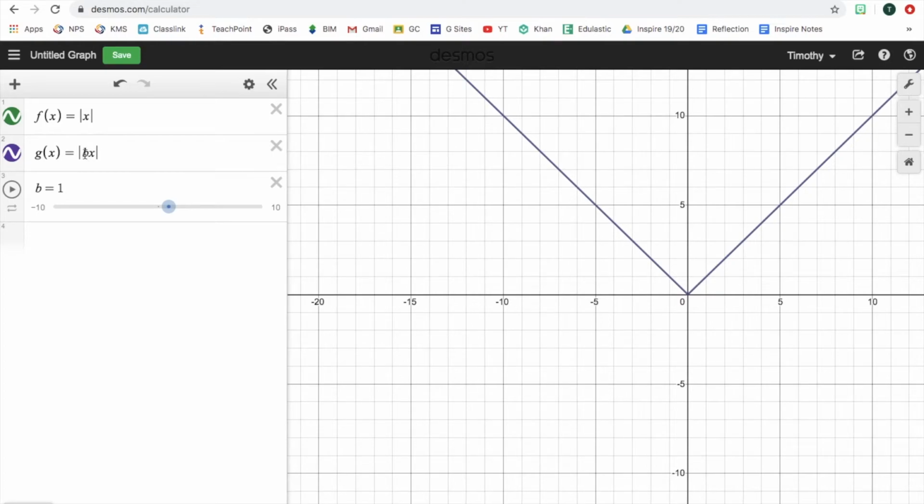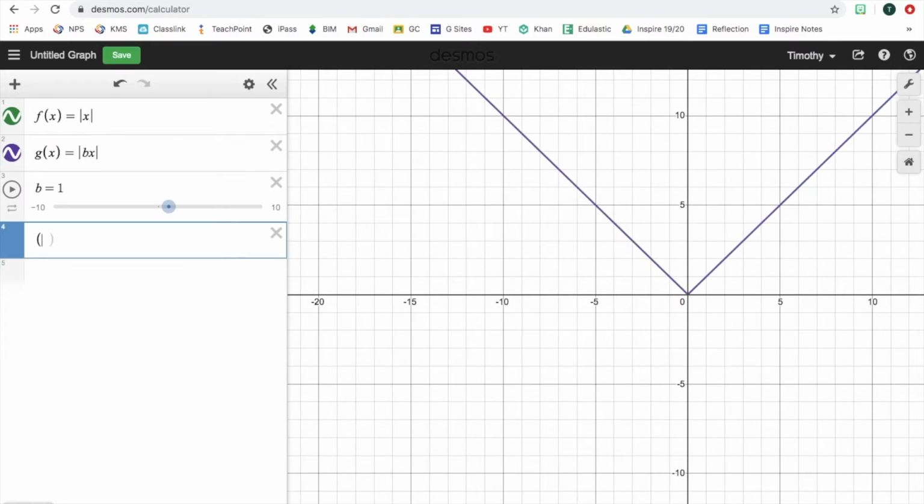So right here, this is a horizontal change because it's on the inside and it's being multiplied. Like I said, our reference point is the y-axis, because that's where x equals 0. So let's pick a point: negative 3, 3 again.